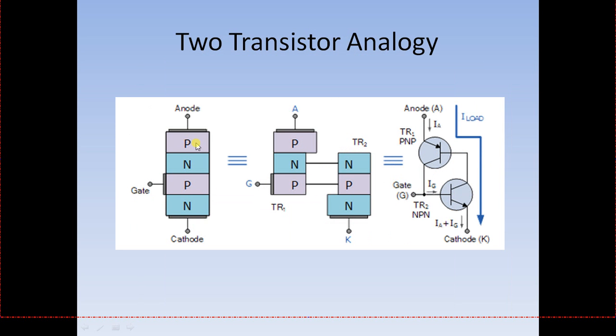Minority carriers are, for instance, in this p-type region, we have excess holes. So holes in a p-type region are majority carriers, but in the depletion layer, in the p-type region, there will be some electrons due to diffusion. These electrons in the p region will then be called minority carriers.